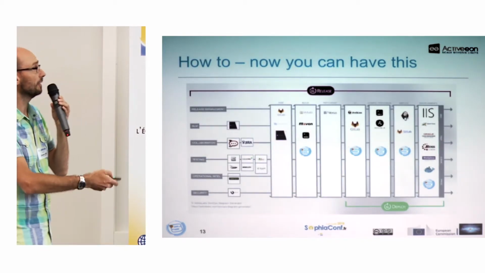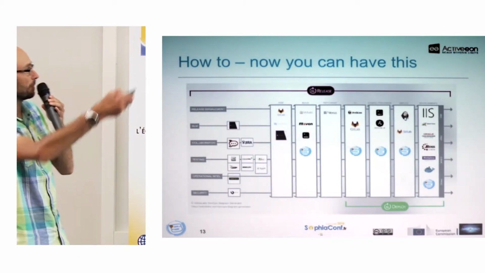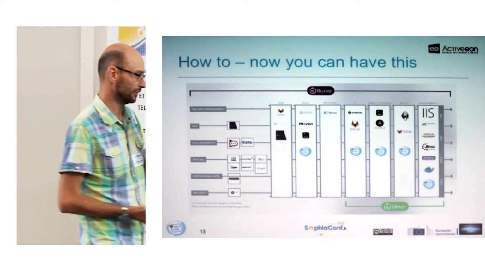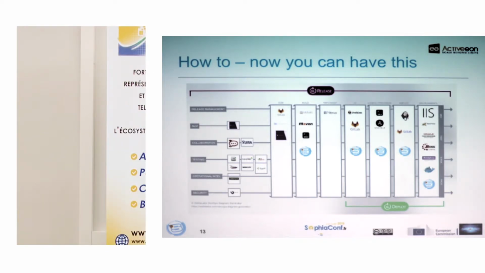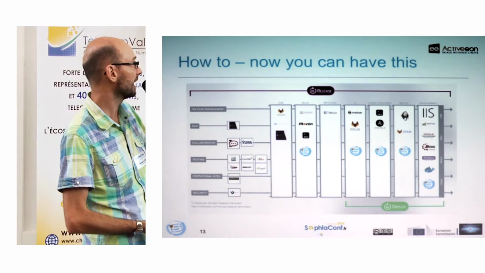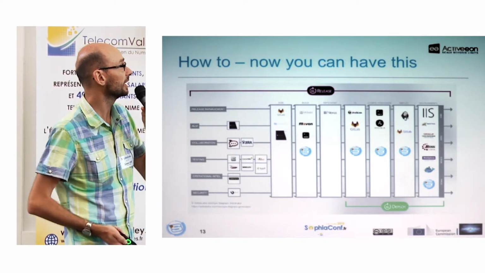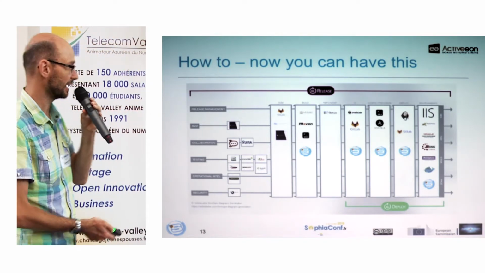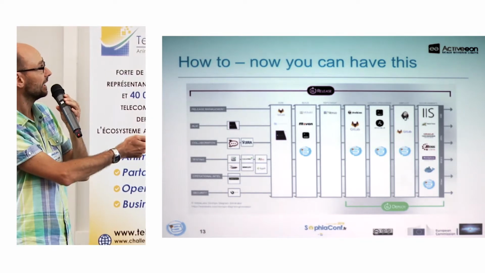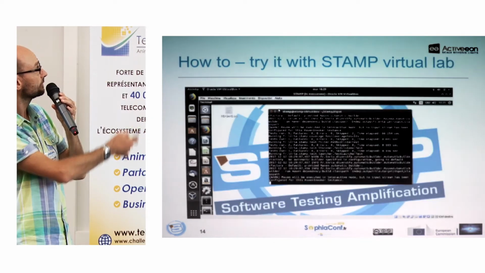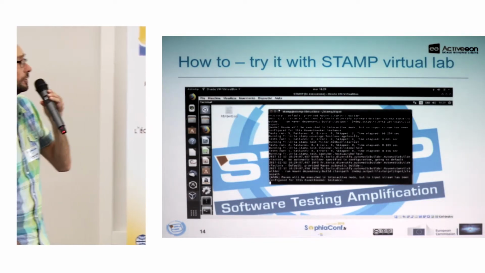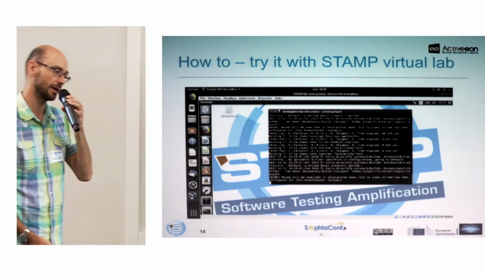So now you have STAMP in many different steps of your continuous delivery pipeline, and you can use it at different steps and all the tools of STAMP. You can also try STAMP in a virtual lab.